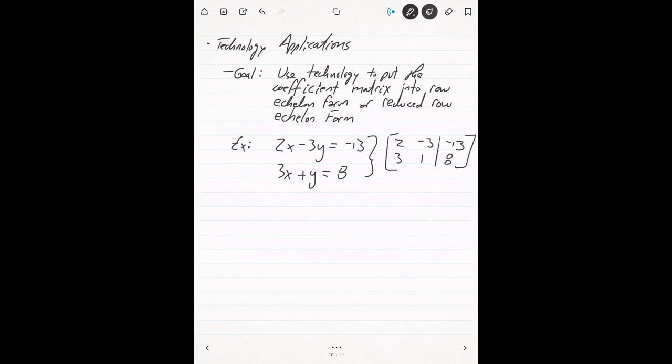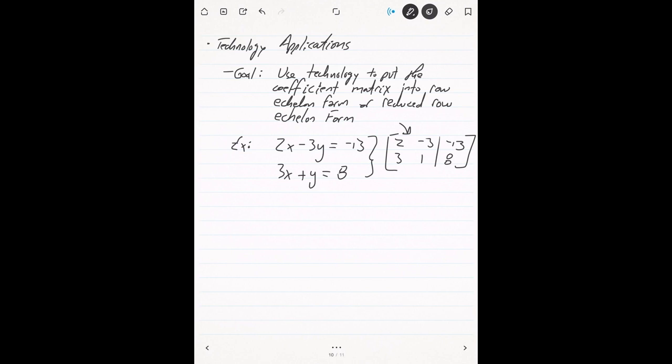There's our augmented matrix. This part right here is the coefficient matrix, just a little vocab for you. So what we want to do is use elementary row operations to put this into reduced row echelon form. And it wouldn't take us too long, but let's go ahead and try using our calculators for this.